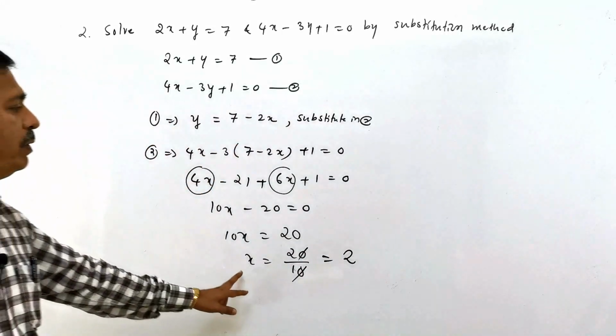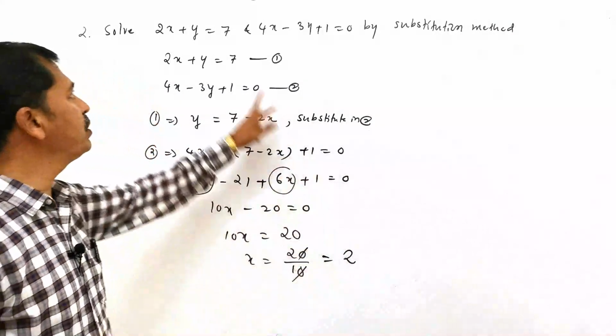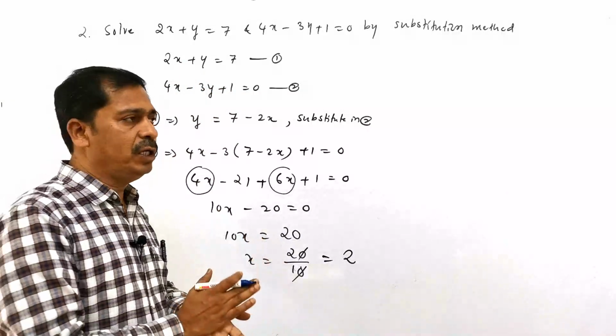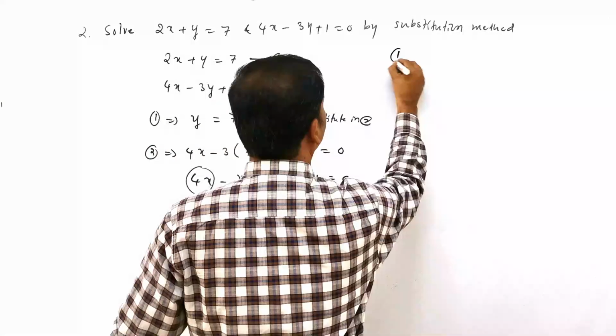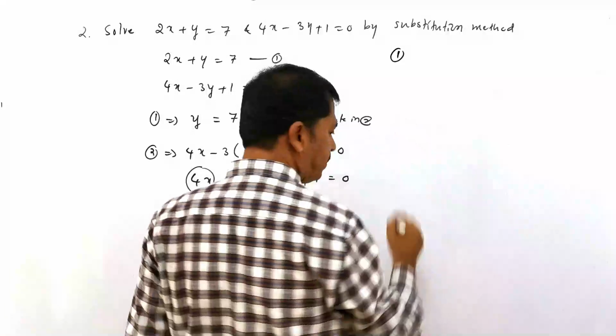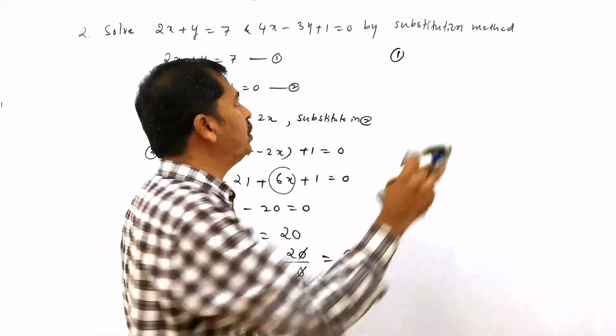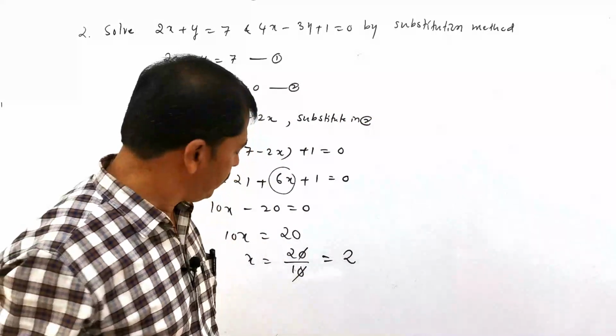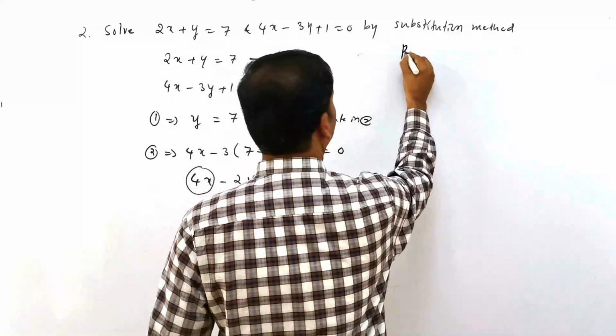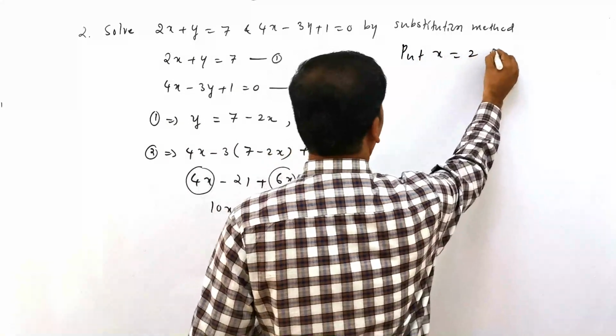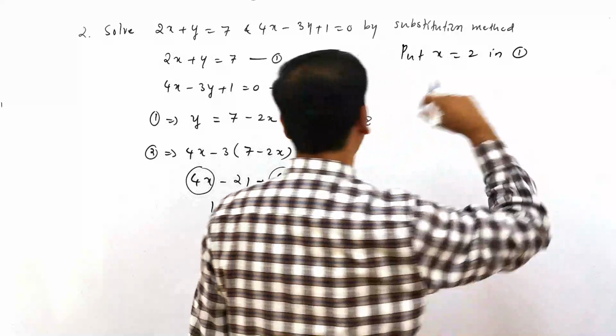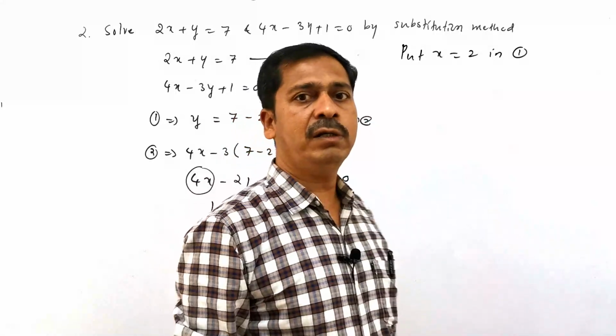Here I have got the value of x is equal to 2, that I would like to substitute in equation number 1. You may substitute in equation number 2 also, there is no problem. Put x is equal to 2 in equation number 1. Even if you substitute in equation number 2 also, you will get the same answer.